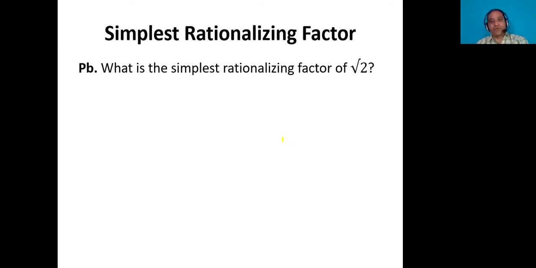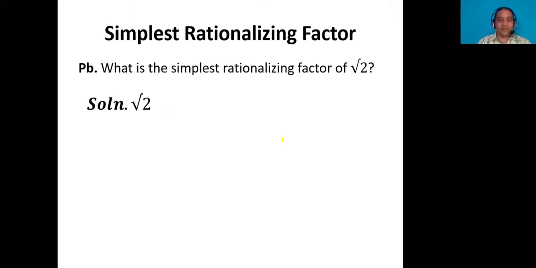Now you know square root 2. Inside the square root, we should have two 2's. There is only one 2 here. So we should have one more 2 under the square root. And that's possible only if we multiply this by square root 2.